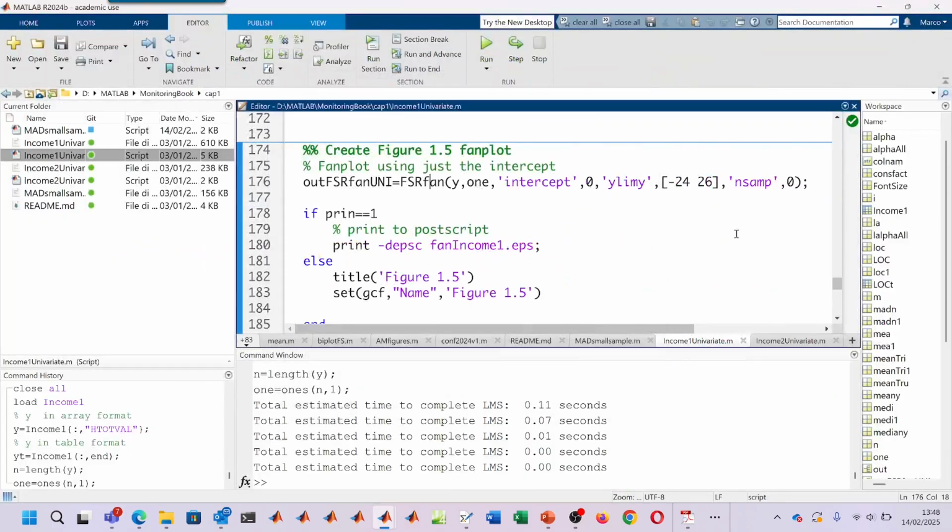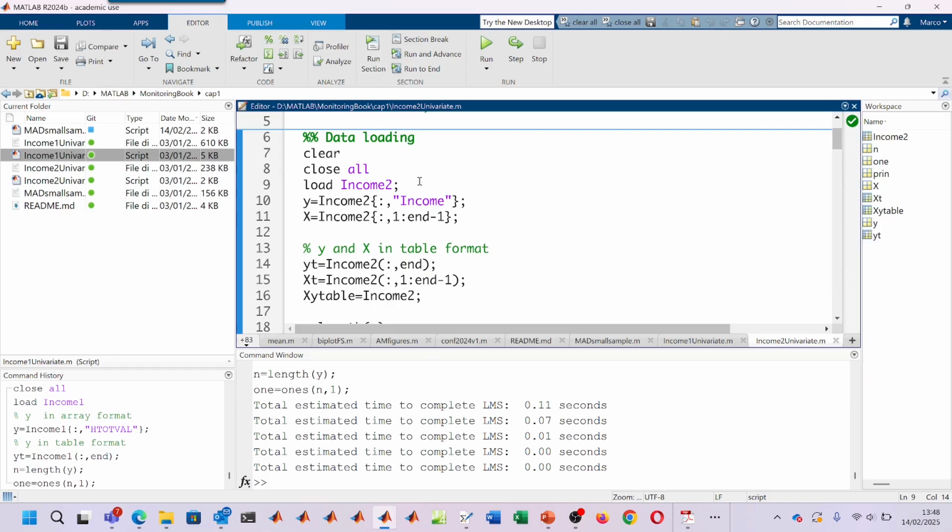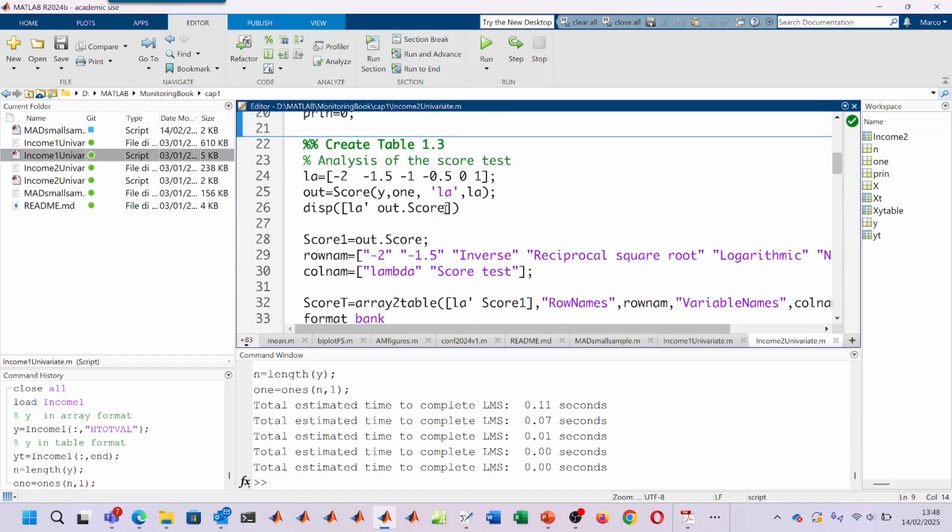Now we move to the second example. The second example is still referred to income, but in this case the dataset refers to a municipality located in north of Italy. Also in this case we have 200 observations.